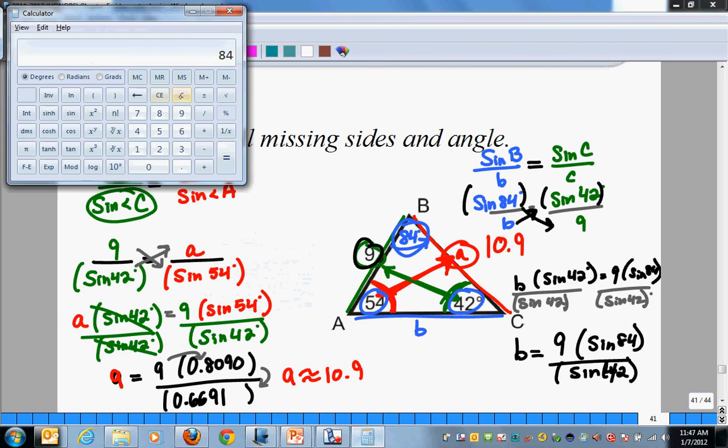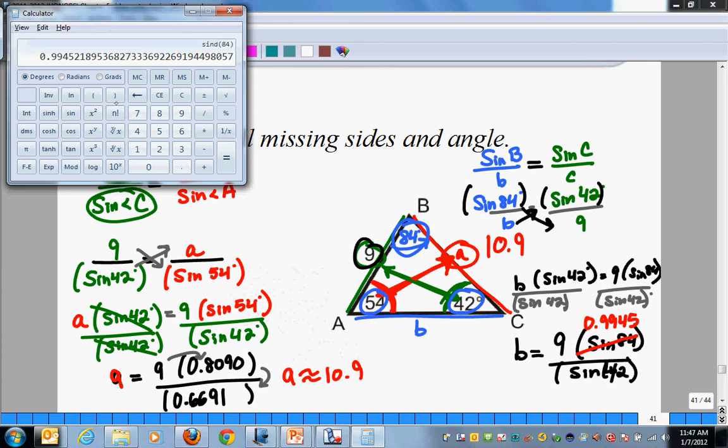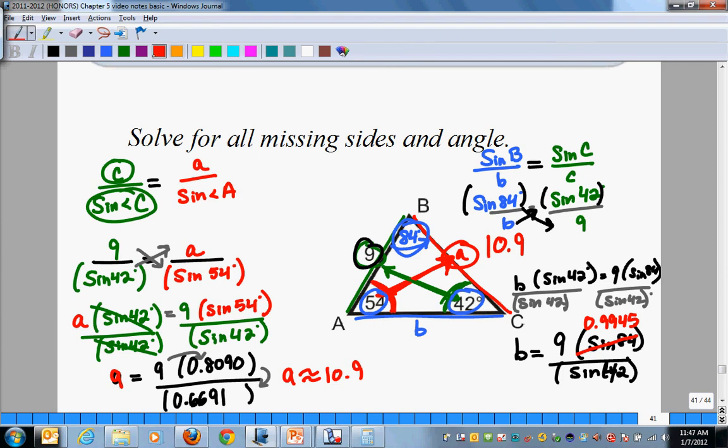We're going to figure out what both those are. 84 sine is 0.9945, and the sine of 42 is 0.6691.